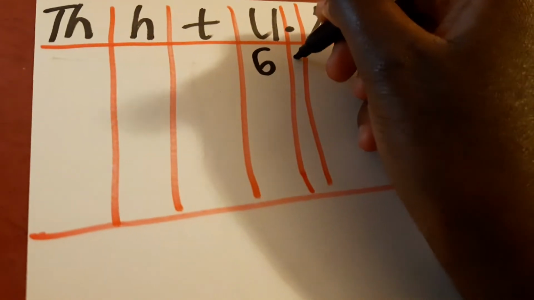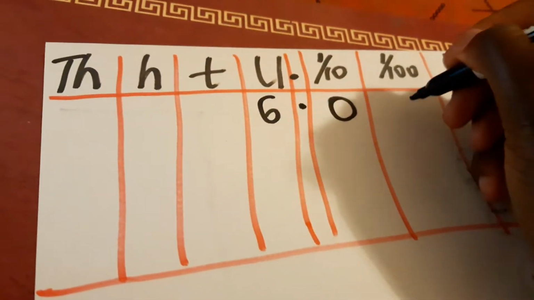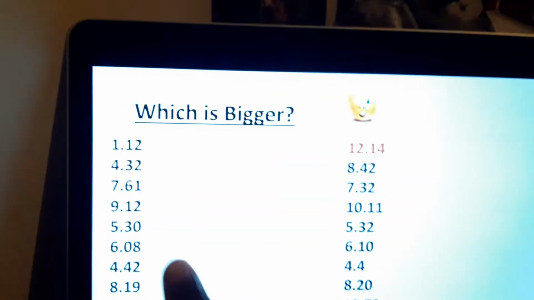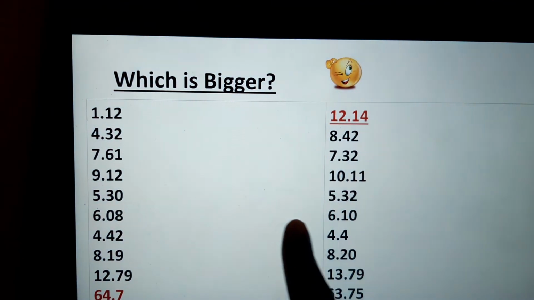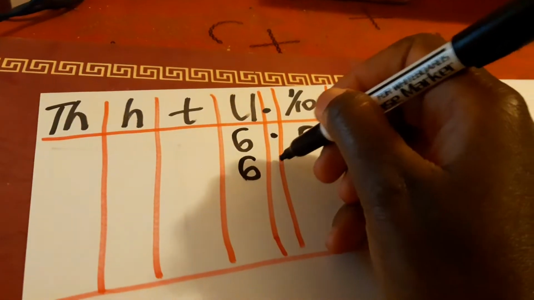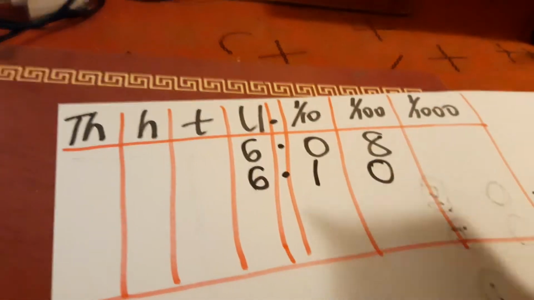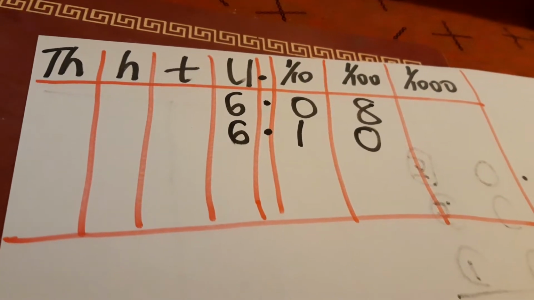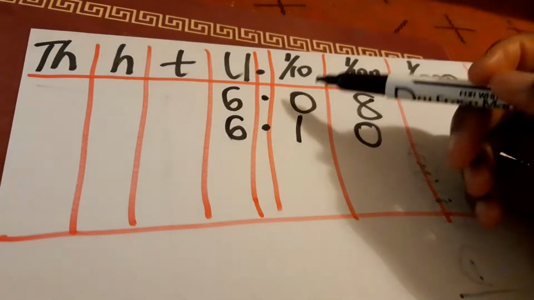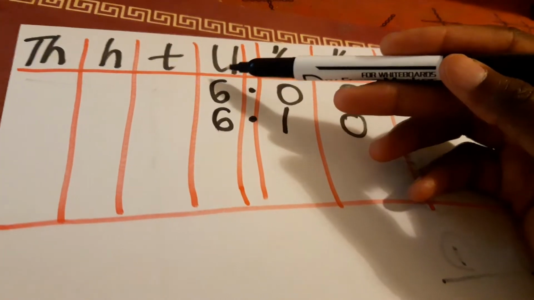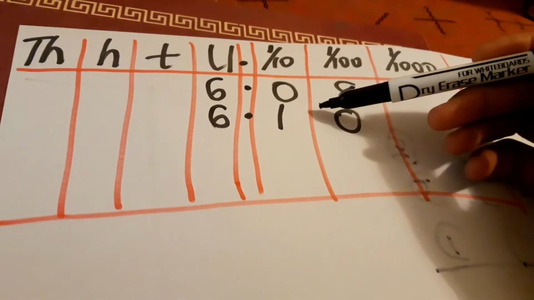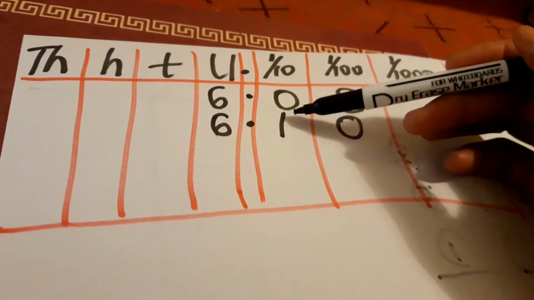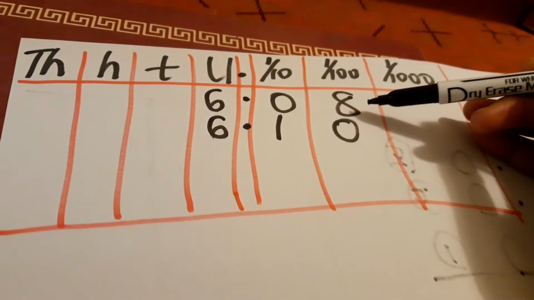6.08. So I will write in 6.08. And then the number next to it is 6.10. Which is bigger? So we start with the number to the left, which is under the units column, and they're both 6. And then we move on to the number on the right, which is now the number after the decimal point.